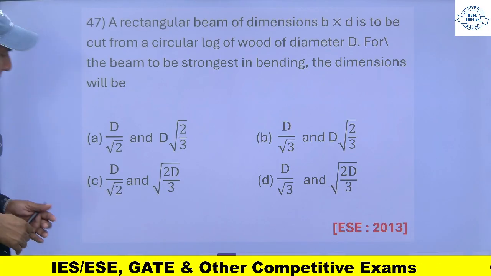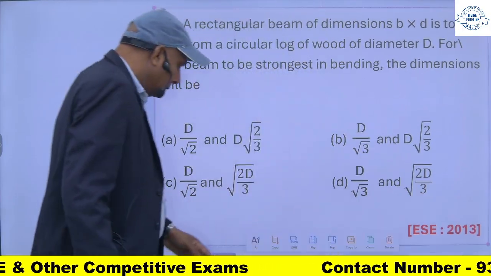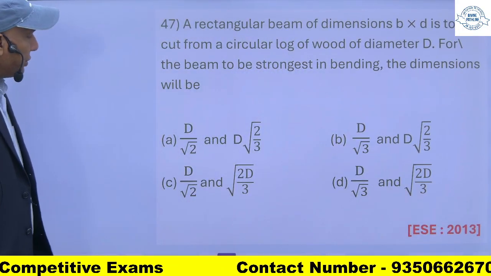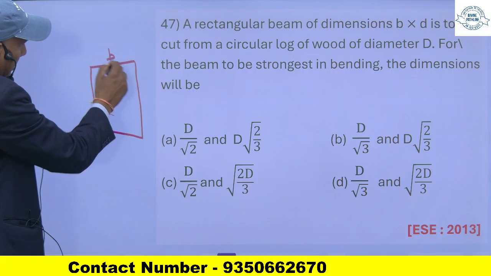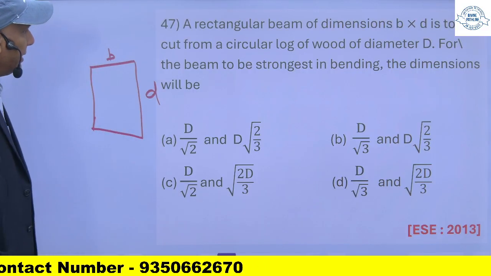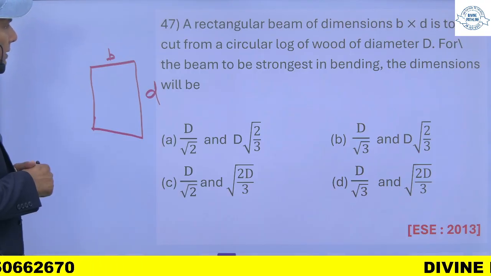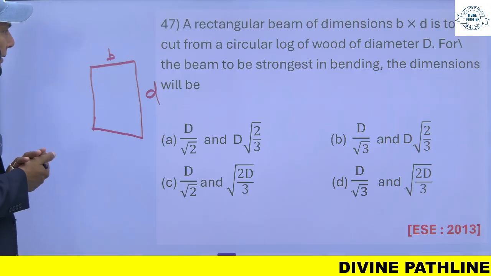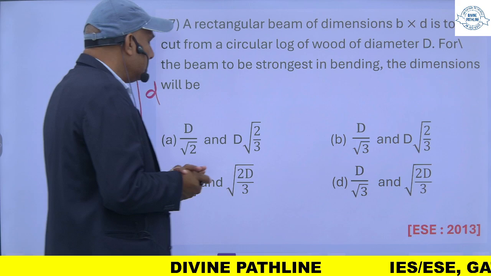A rectangular beam of dimension B into D is to be cut from a circular log of wood of diameter D. For the beam to be strongest in bending, what will the dimension be?